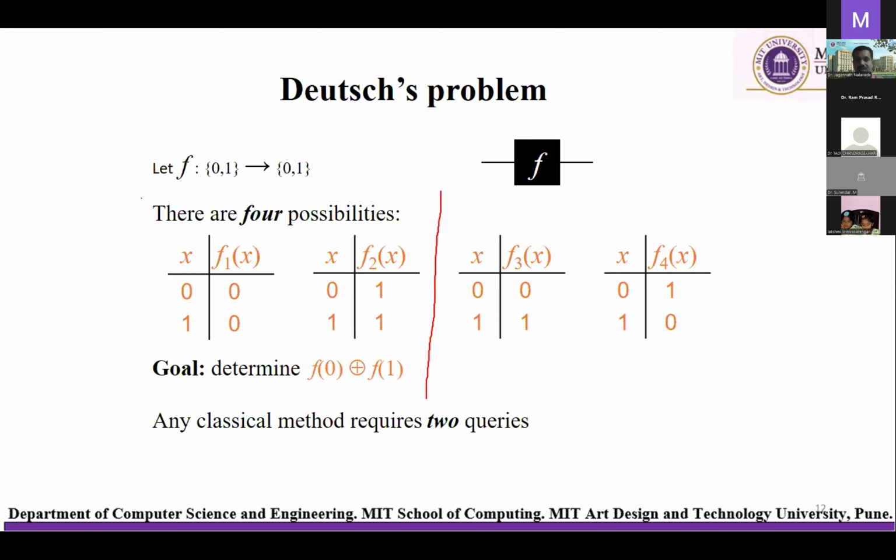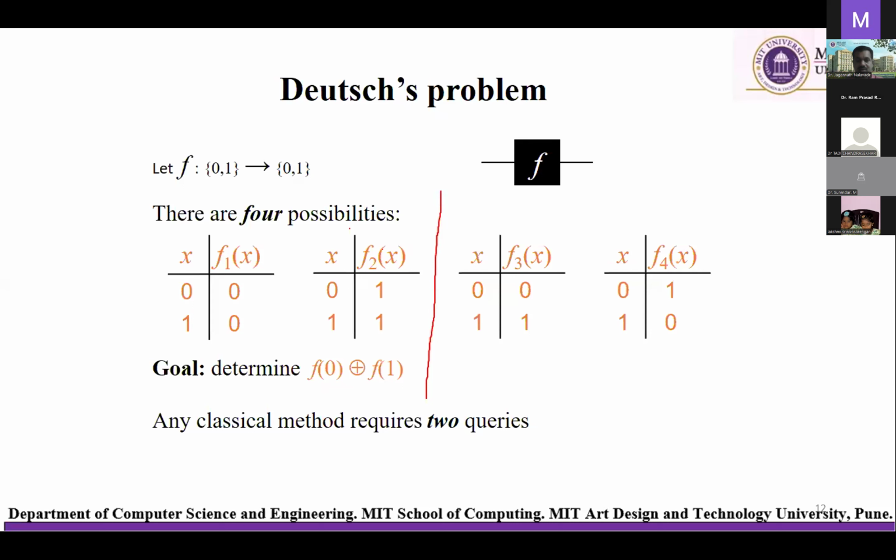Before that, he gave four possibilities. If x is equal to 0, f1 of x is equal to 0, and if x is equal to 1, irrespective of the first value, f1 of x is equal to 0. Similarly, x is equal to 0, f2 of x is equal to 1, and x is equal to 1, then also f2 of x is equal to 1. So if you observe, even if x is changed, here 0, here 1, f1 of x is still 0.